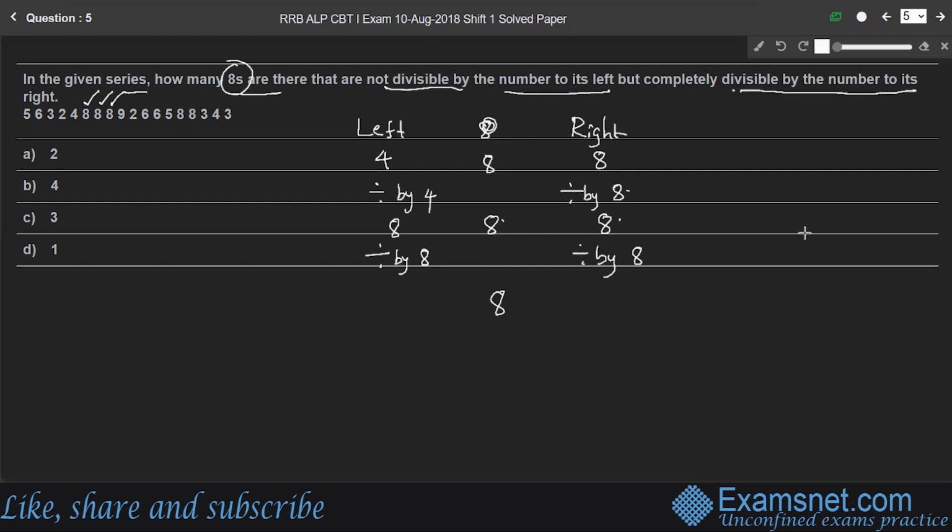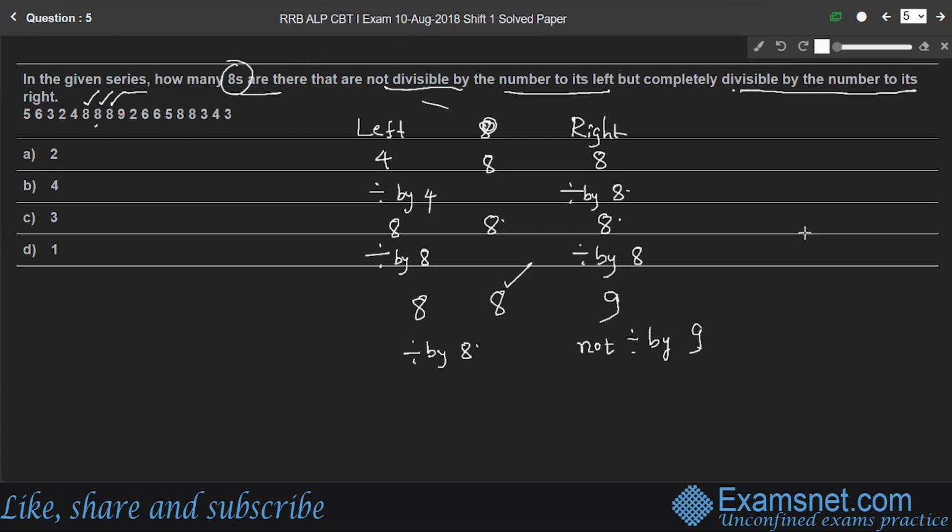Because to the left of the third 8, we have 8, and to its right we have 9, where the number 8 is divisible by the number to its left, and it is not divisible by the number to its right, right? So which is the reverse of the given condition, right?